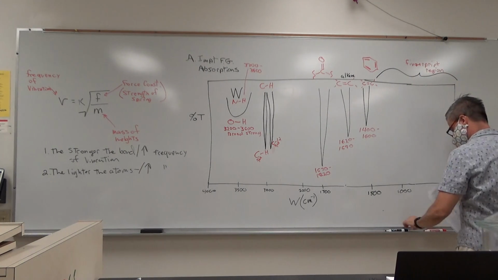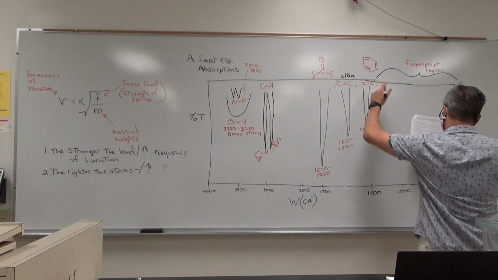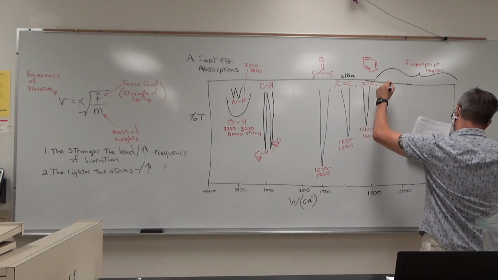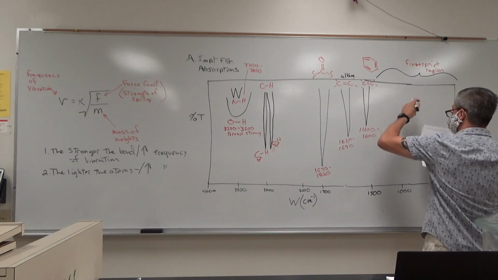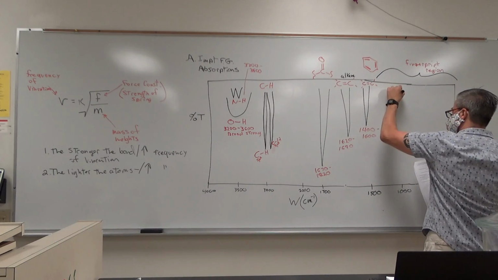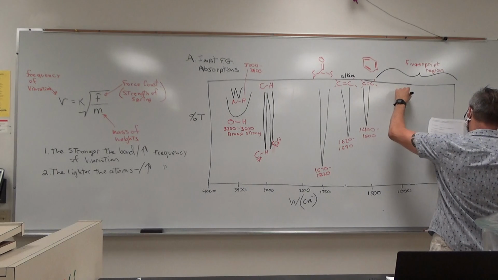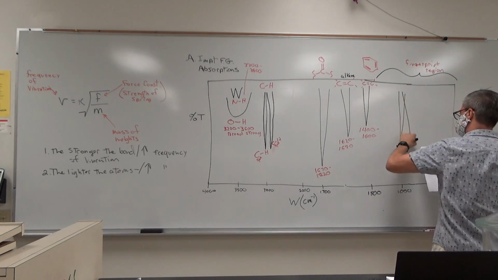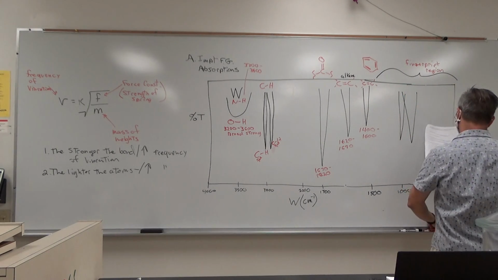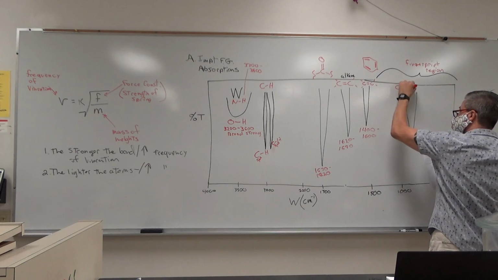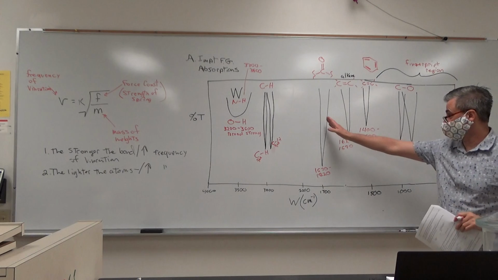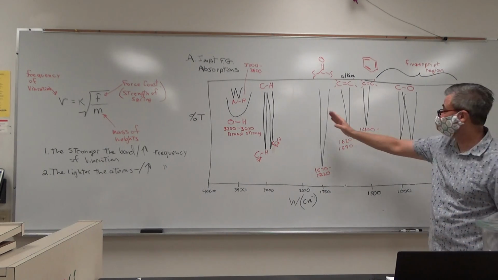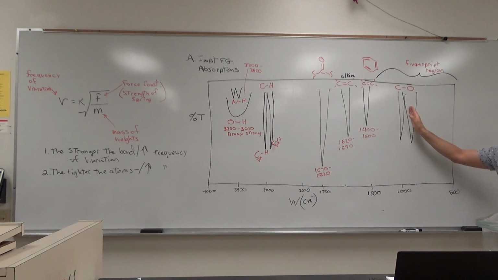All right, but there are a couple useful peaks in this fingerprint region that I want to include, especially since they're important for it. Here, one there. This is carbon to oxygen single bonds. We got carbon to oxygen double bonds up here, carbon to oxygen single bond.